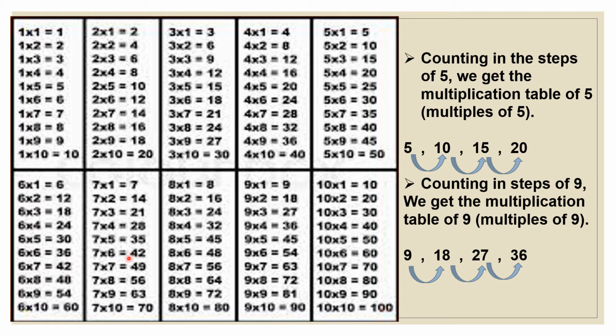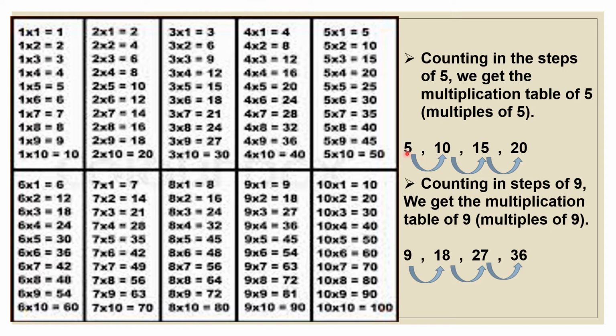So whenever we are learning multiplication tables, what are we doing? We are counting on in steps of that number. In the table of 8, we are counting in steps of 8. In the table of 9, we are counting on in steps of 9. In the table of 10, we are counting on in steps of 10, and we are getting the multiples of 10.